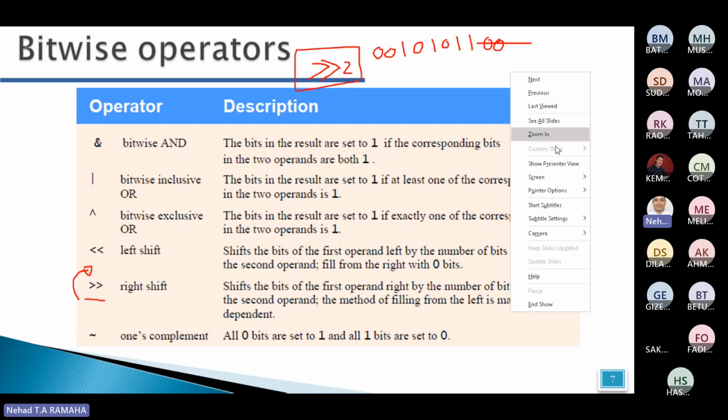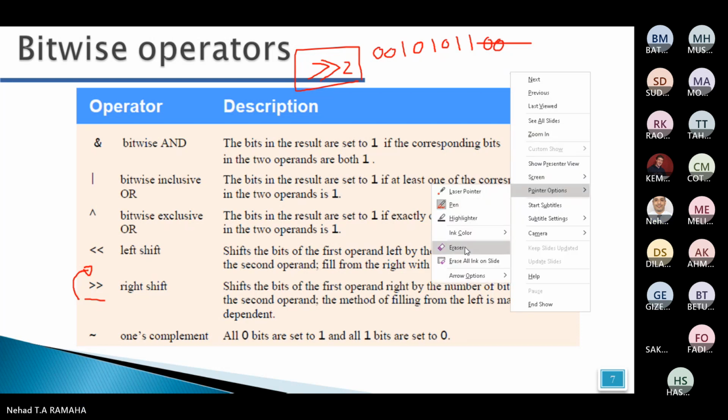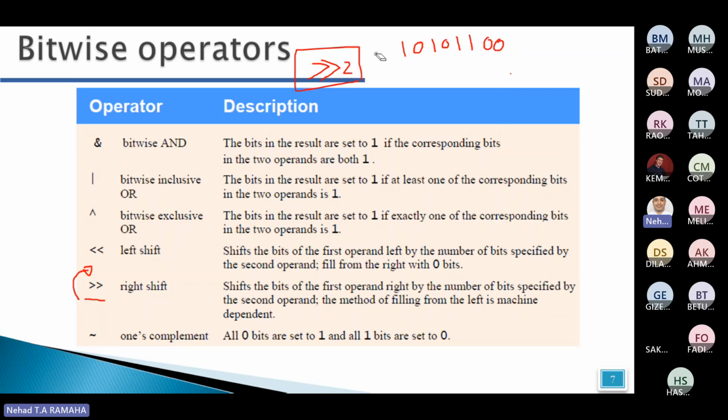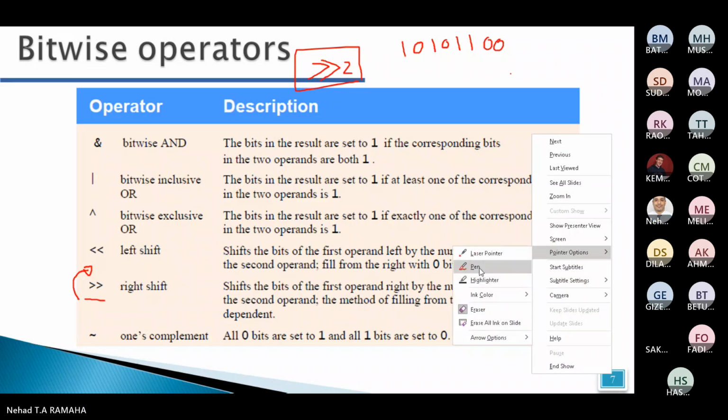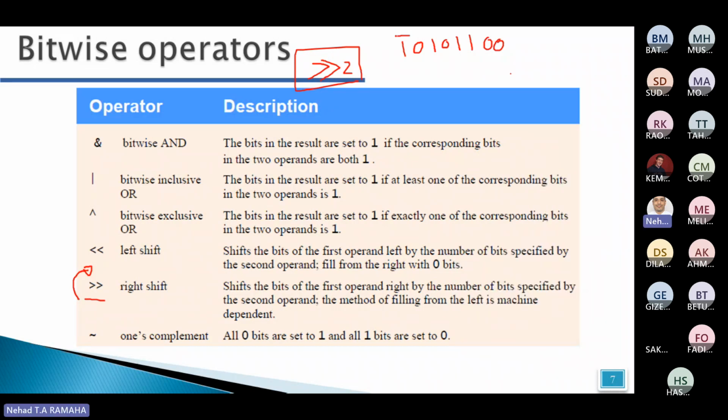What if it's a signed integer? If it's signed, then the shift is different. We will look at the leftmost digit, which is the sign for the number.